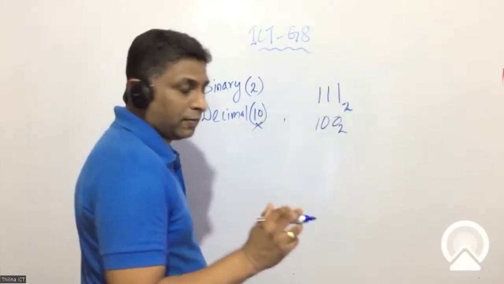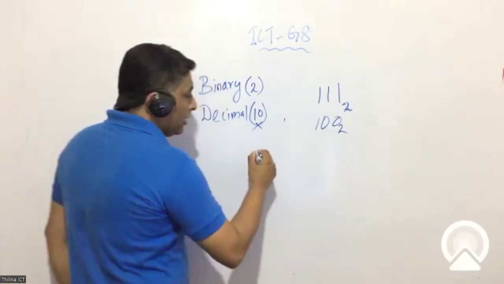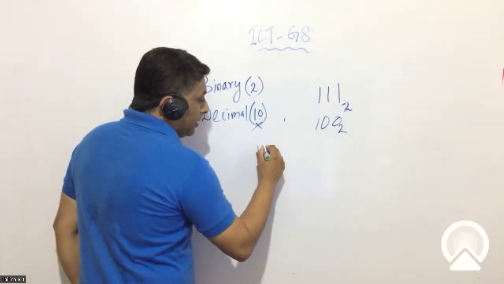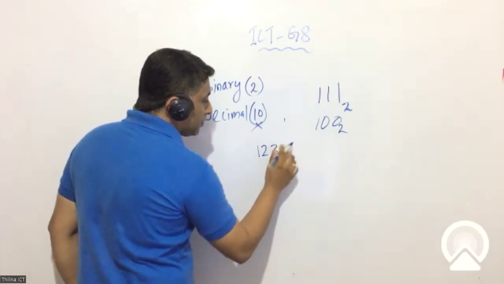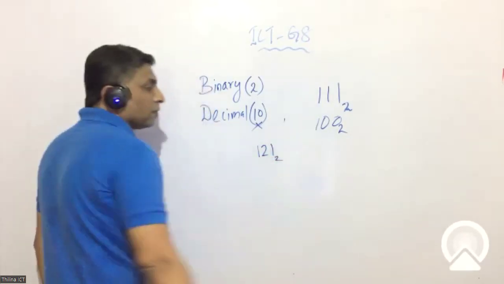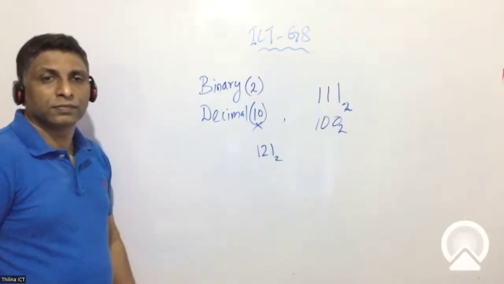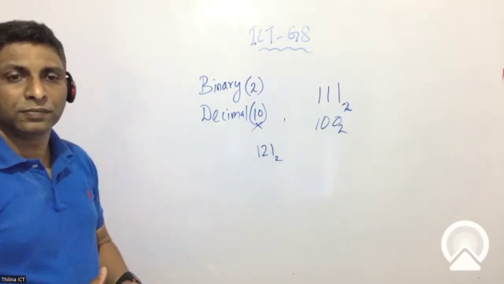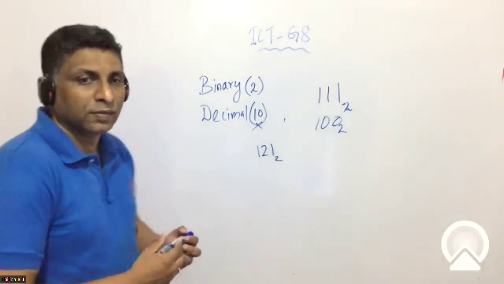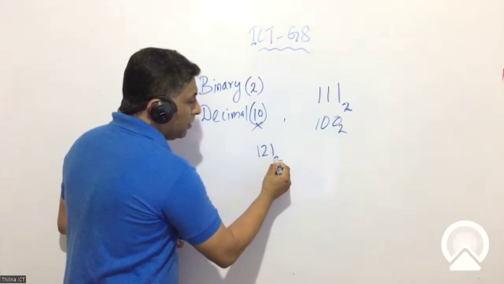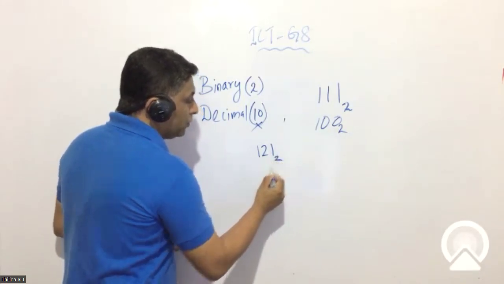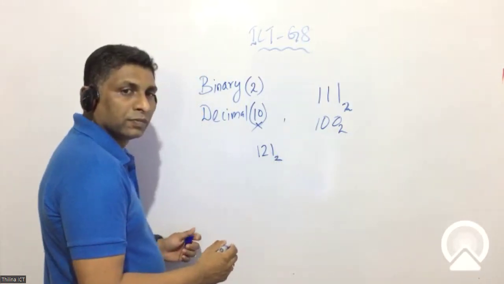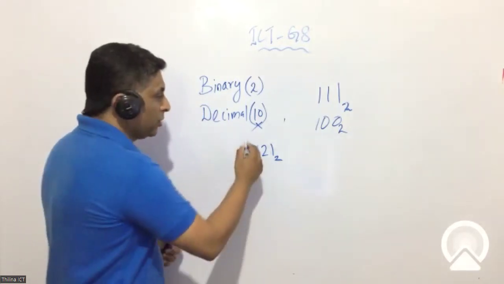Last time I showed you, is this possible? 1, 2, 1 in base 2? No, sir. Very good. Why is that?